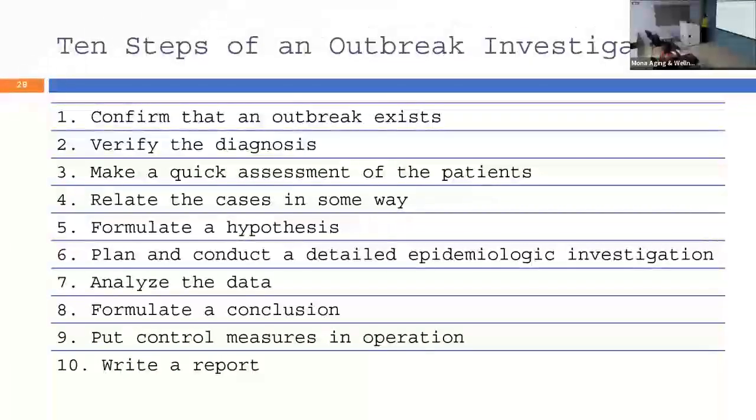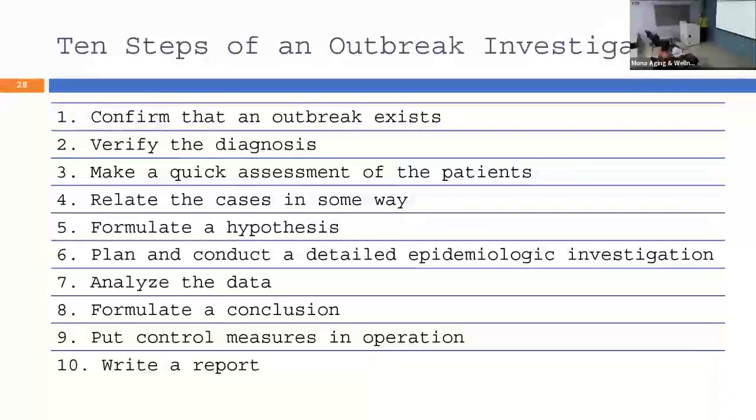But you confirm that the outbreak exists by comparing to previously available data, because we have to look at the baseline, because we have to say it's in excess of what we expect. So that is how we confirm. We look at previous data, look at what we have now, and that's how we confirm.